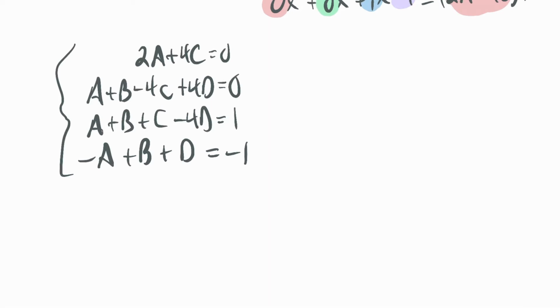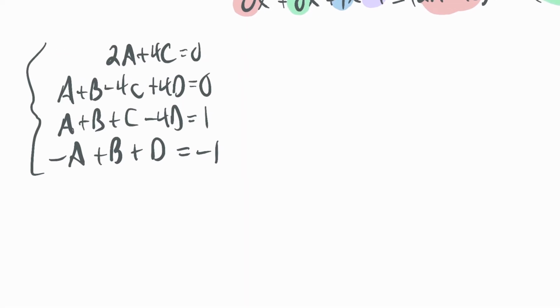Okay, so at this stage of the problem, I think what's going to help see what to do next is to rewrite this in the following way, leaving spaces. This doesn't have any b's in the first equation, so leaving space. So I'll put plus 0 in the space for b. So 2a plus 0 to hold a place for b plus 4c plus 0 to hold space for d equals 0.